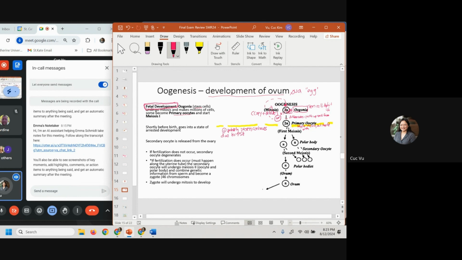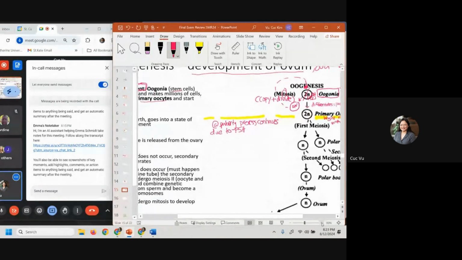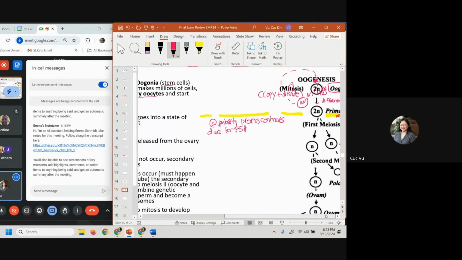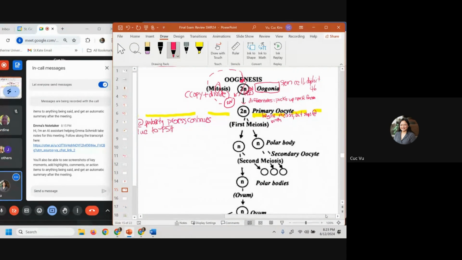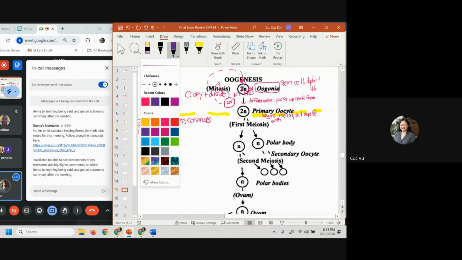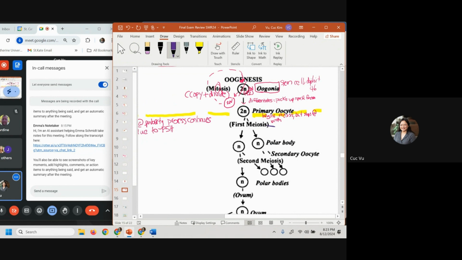Now, meiosis has two parts, meiosis 1 and meiosis 2. Okay, let's start with meiosis 1. I'm going to zoom in again. Let's start with meiosis 1 and give it a different color. In meiosis 1, here you're just going to have a plain divide.